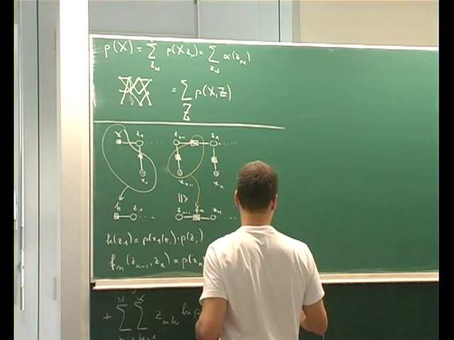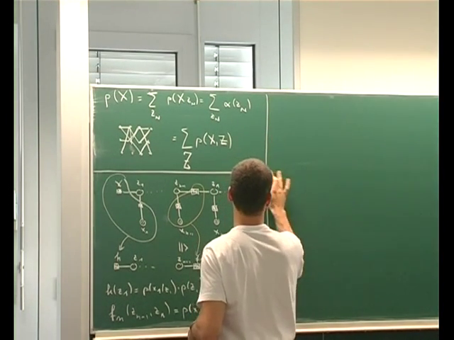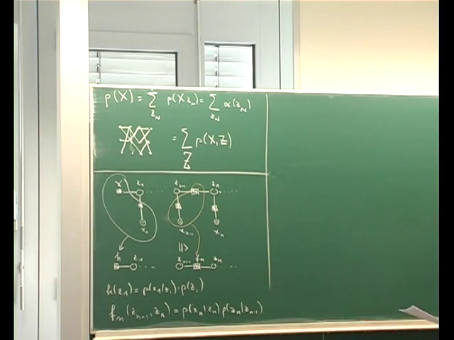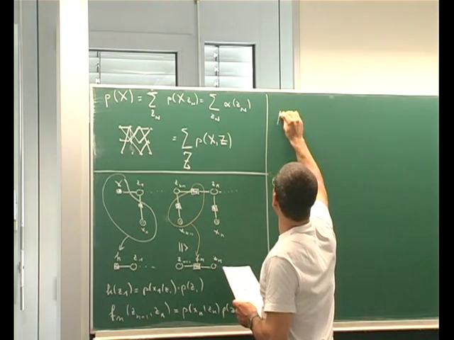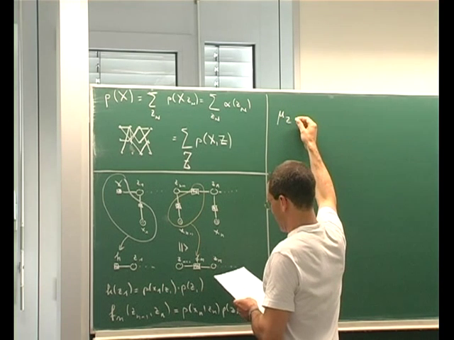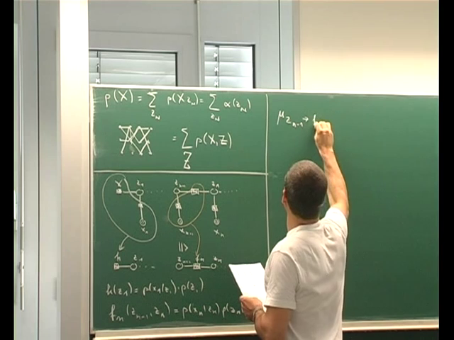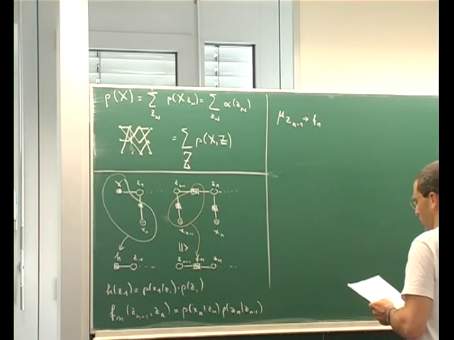Now, so we have this extremely simple factor graph here, just a chain. So we can pass messages on that. So we have a message from hidden variable or hidden state n minus 1 to factor n.